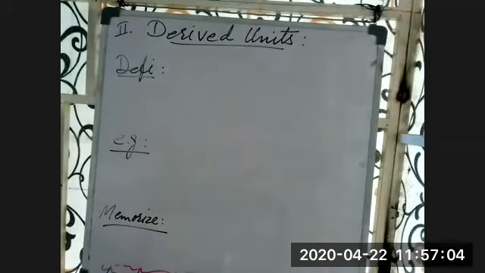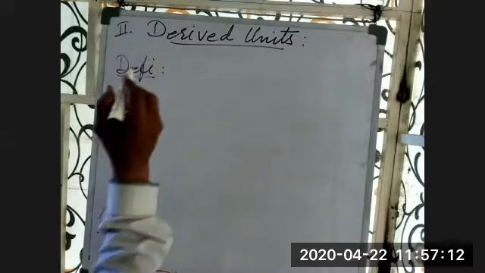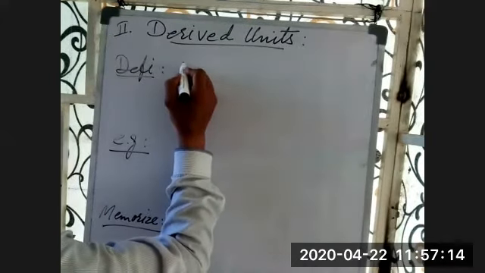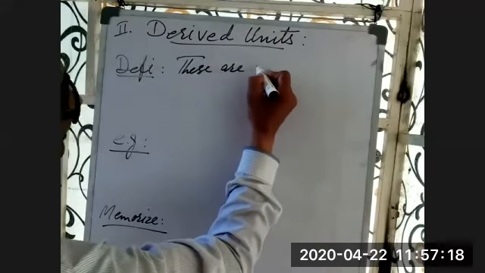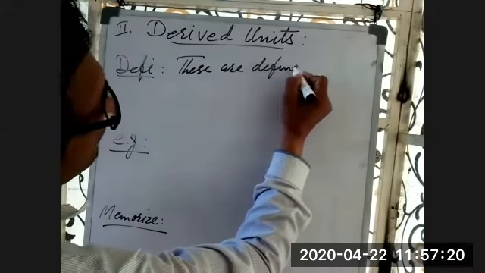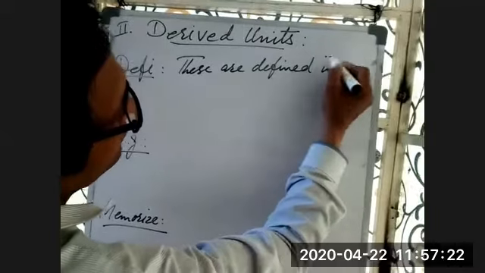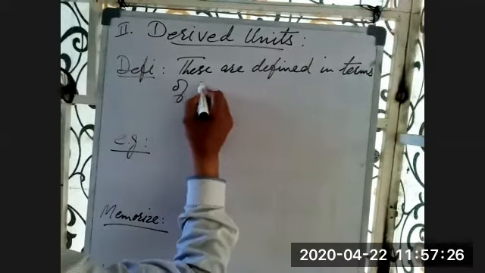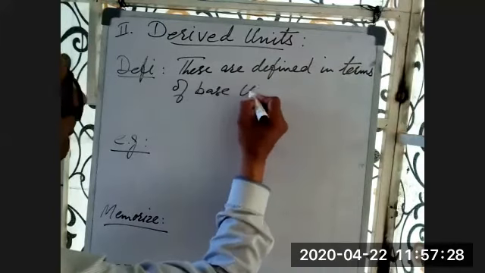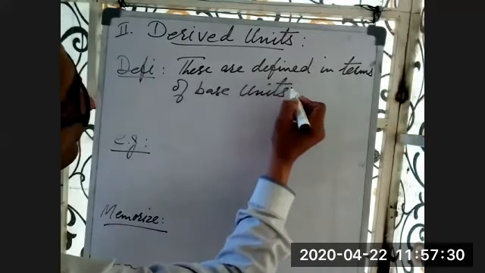Again, first of all, we will see its definition. And what is the definition? Derived units are defined in terms of base units.